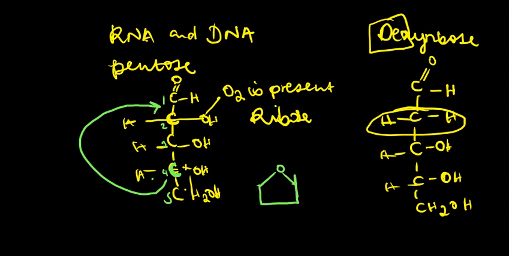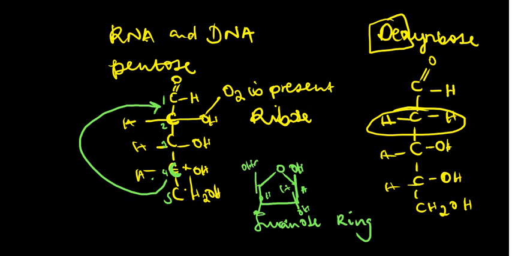We call these 5-membered rings a furanose ring. When this bends and connects with the carbon atom on number 1, it's going to form a furanose ring. So we have an OH group here and an H and another one there.